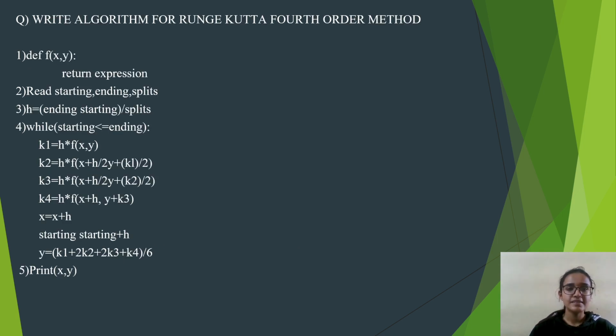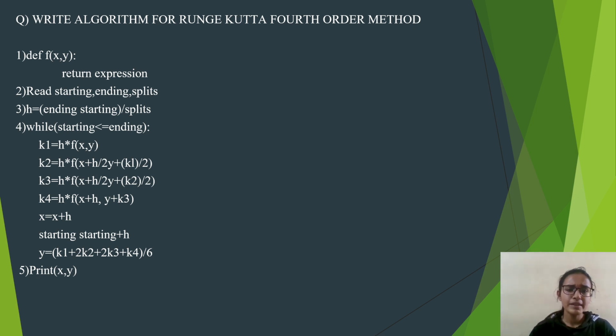Next question is, write an algorithm for the Runge-Kutta fourth order method. In this method, we take a function which we define as f, passing the parameters x and y, and returning the expression.